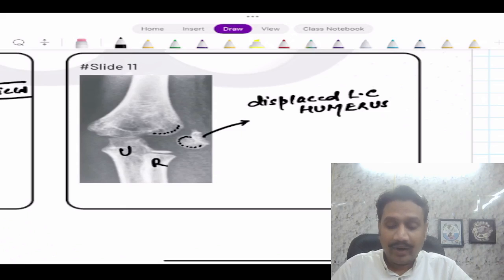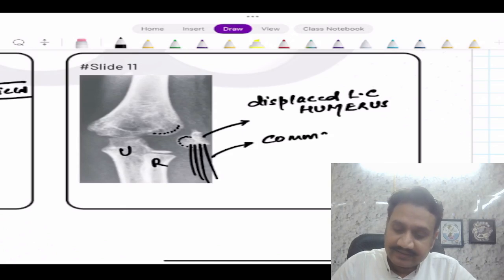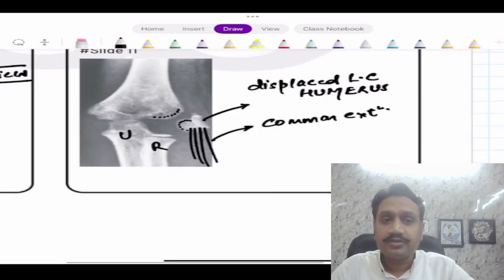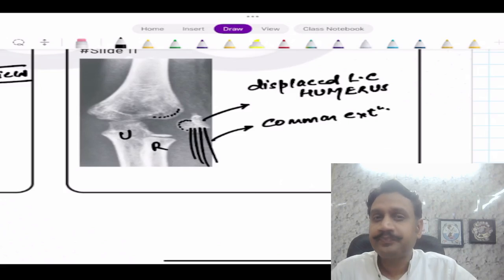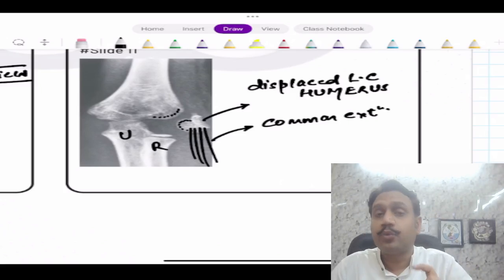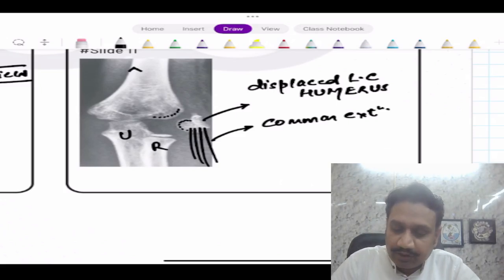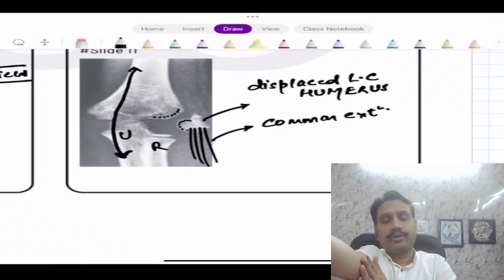And you know why it gets displaced? Because there is an attachment of what group of muscles? These are the common extensors, right? Because of these common extensors, the fragment does not stay connected to the parent bone. And when it is not connected to the parent bone, as the child will grow, the medial side keeps on growing, right?